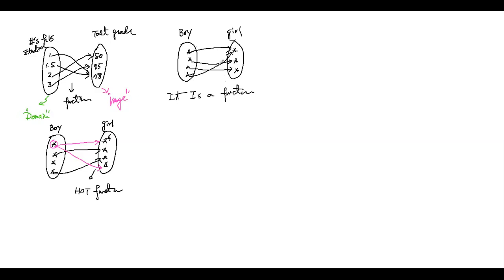Why? Because each boy invites one girl, and they can invite the same one. The girl needs to decide which boy she's going to go to the homecoming dance with. So from boy to girl, this is a function, because two boys can like the same girl and invite the same girl.